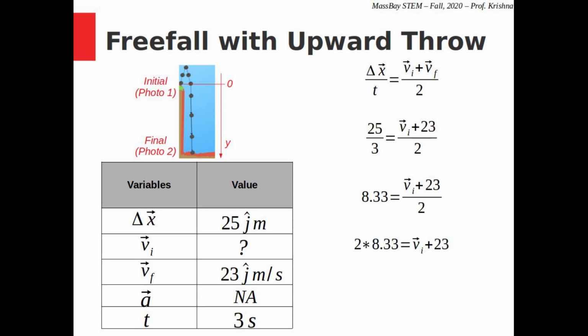Multiplying both sides by 2, we get 16.67 equals Vi plus 23. Finally, subtract 23 from both sides. The initial velocity is negative 6.33 meters per second, negative because we said upwards is negative. In other words, you threw the rock with a velocity of negative 6.33 meters per second.